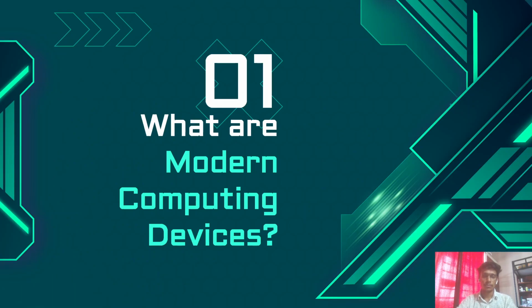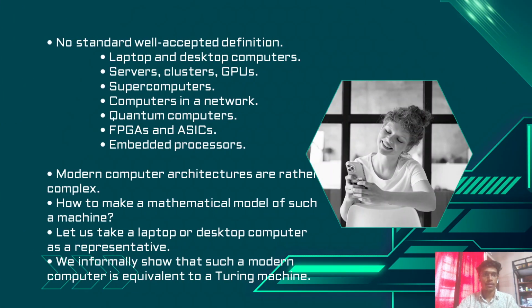So first of all, we will see what a modern computer device is. There is no standard, well-accepted definition, but modern computer devices are laptop and desktop computers, servers, clusters, GPUs, supercomputers, computers in a network, quantum computers, FPGAs, ASICs, embedded processors.